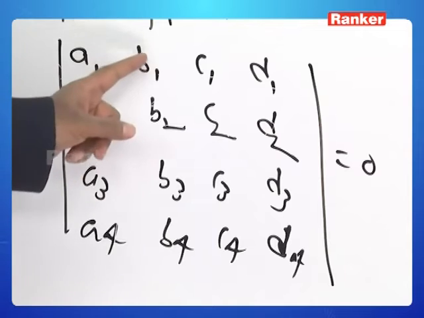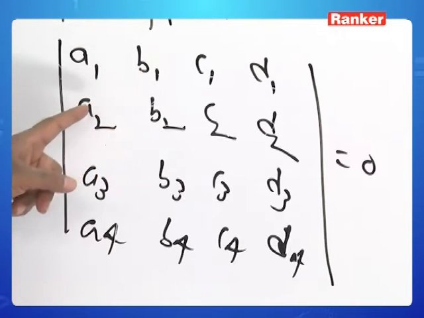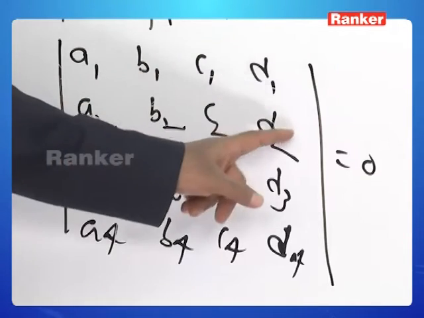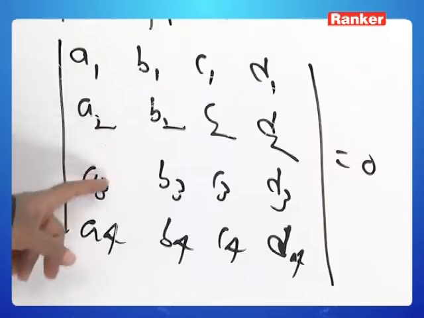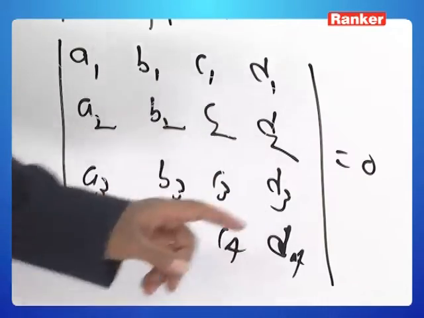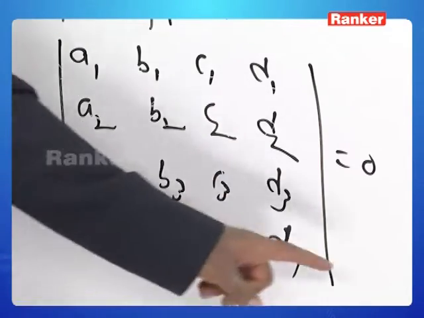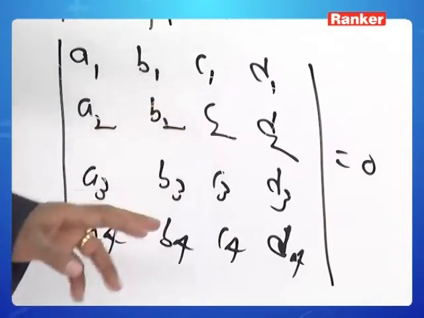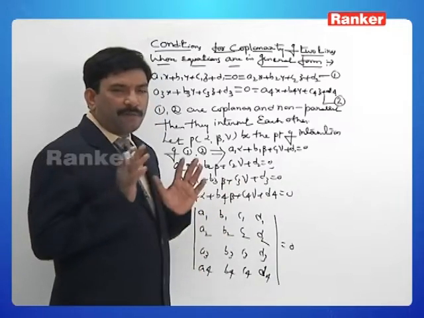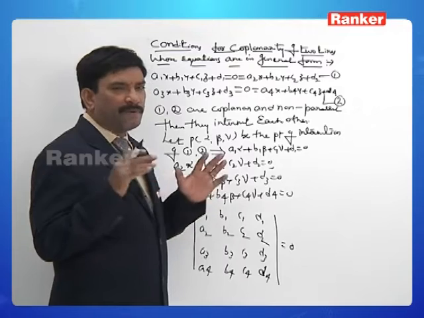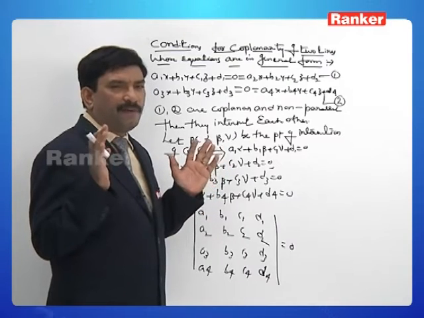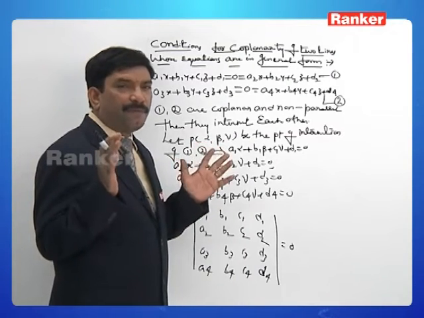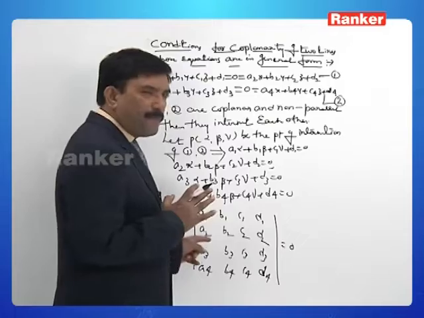Minus B1 into, neglect this row and the second column, so minus B1 into the determinant with rows A2, C2, D2; A3, C3, D3; A4, C4, D4. Next, C1, which is in the first row and third column: (-1) to the power 1 plus 3 is (-1) to the power 4, so it's a plus.